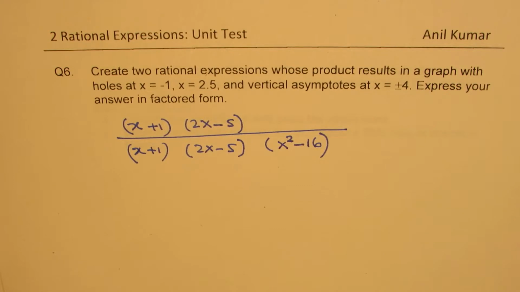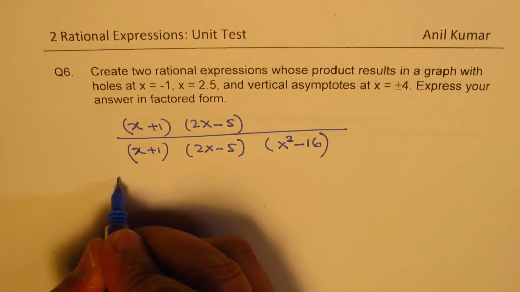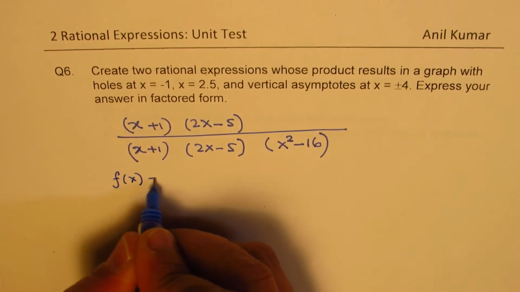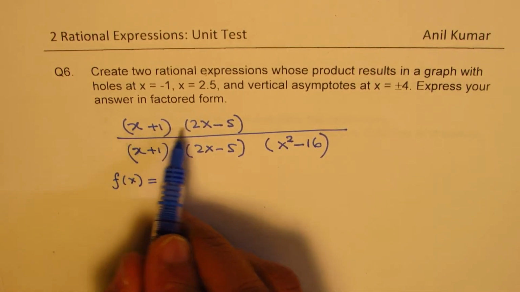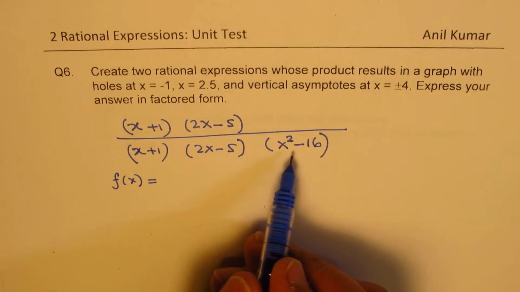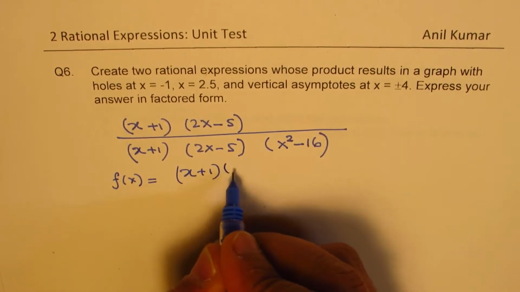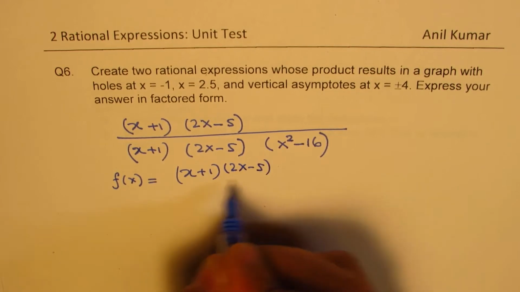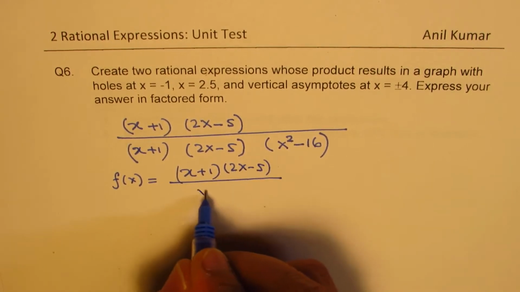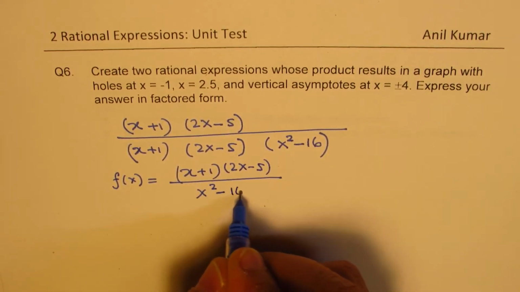So what we could do here is write two functions. Let f of x equal (x plus 1)(2x minus 5) over (x squared minus 16).